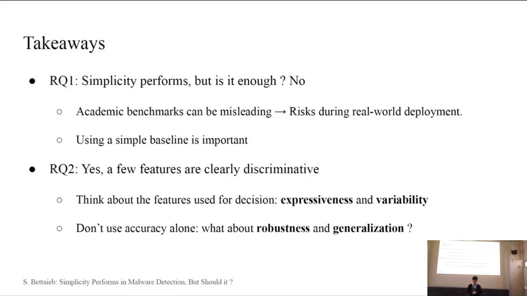We didn't speak too much of that here, but you also shouldn't use only accuracy to evaluate your models. Don't forget generalization by using out-of-distribution datasets, hidden datasets, and of course robustness to adversarial attacks. Here it didn't make much sense to evaluate robustness because a model that is using only one feature is clearly easily attackable if we change that feature.